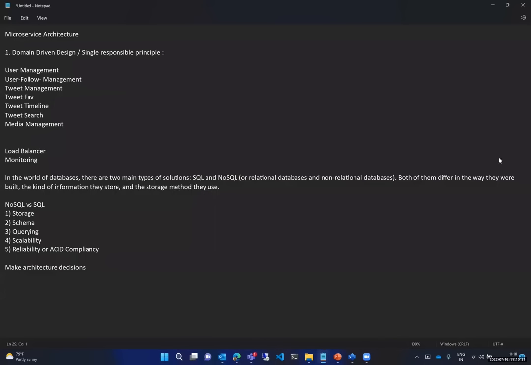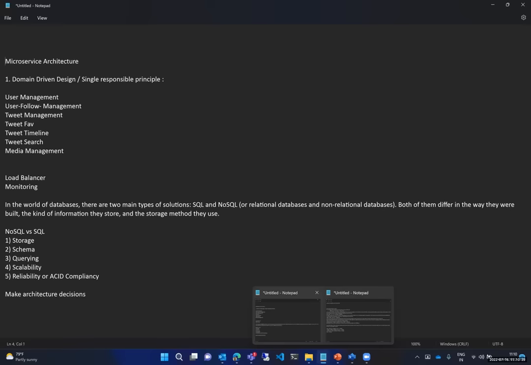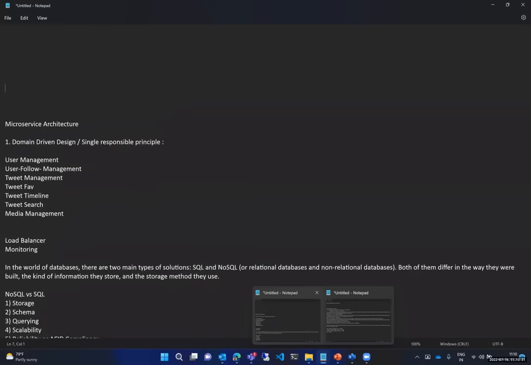Let's start doing our analysis. For further analysis, what are the non-functional requirements we have identified? Scalability, availability, performance, and security. The tweet should be secure.